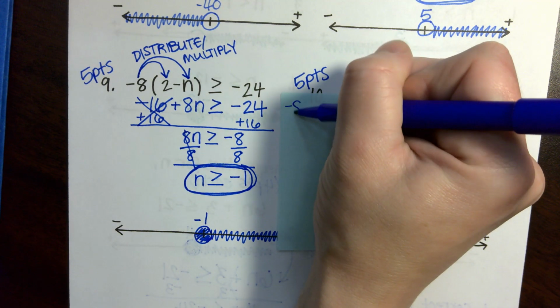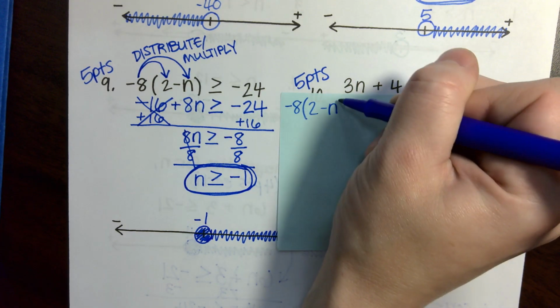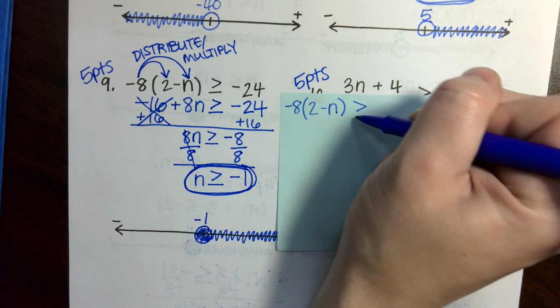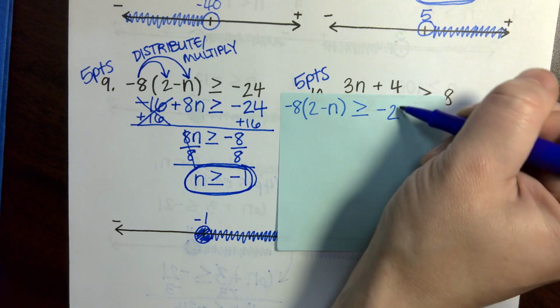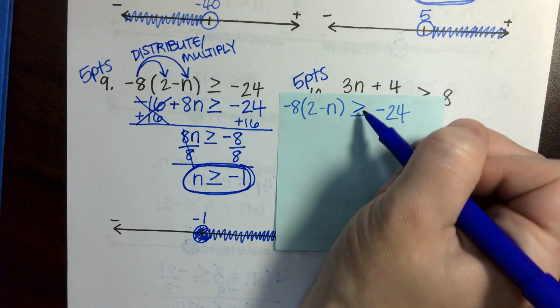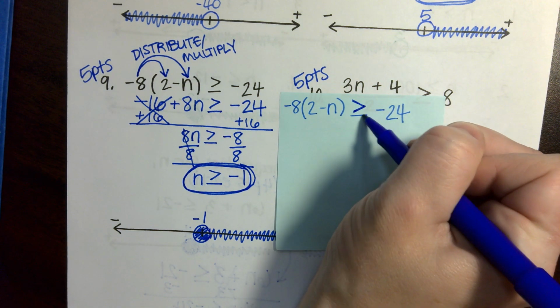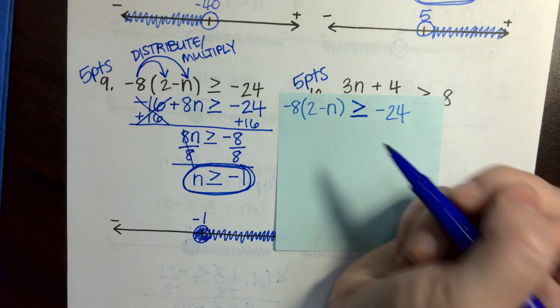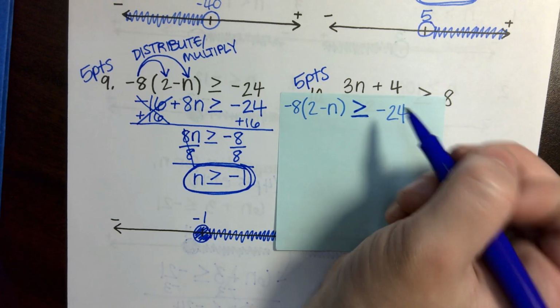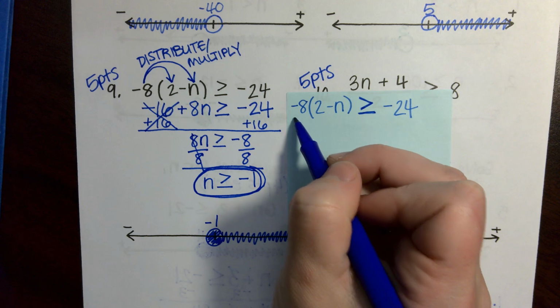So I've got negative 8 times 2 minus n is greater than or equal to negative 24. And I have a feeling that this is going to bring up something that Lewis told me about that I did not realize we didn't learn, and it shouldn't be on your quiz, but we're going to talk about it. So you divided by negative 8 on both sides, is that right?